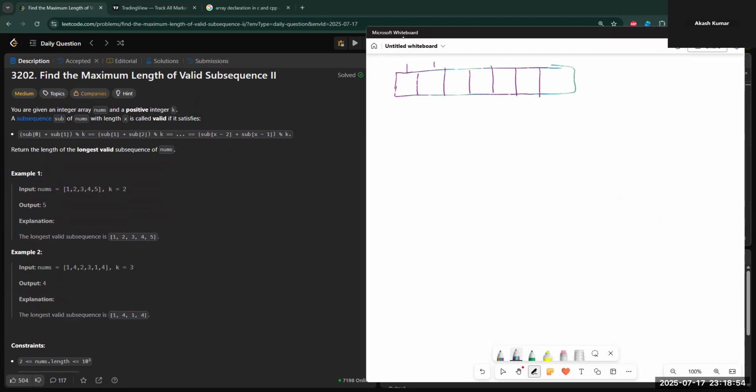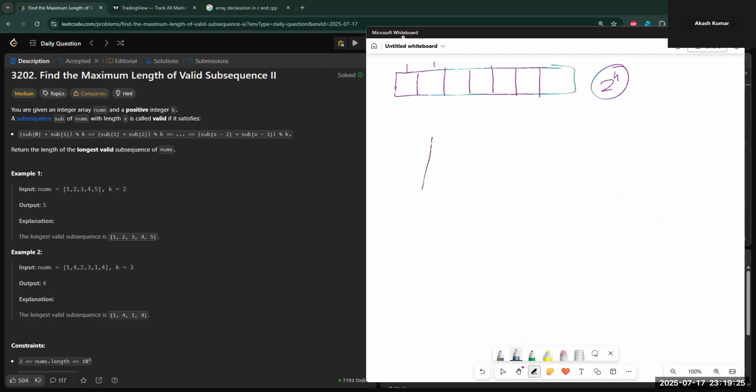To solve this question we need DP, because creating all subsequences will be exponential time complexity, which is costly and will time out. So we need to think of something else.